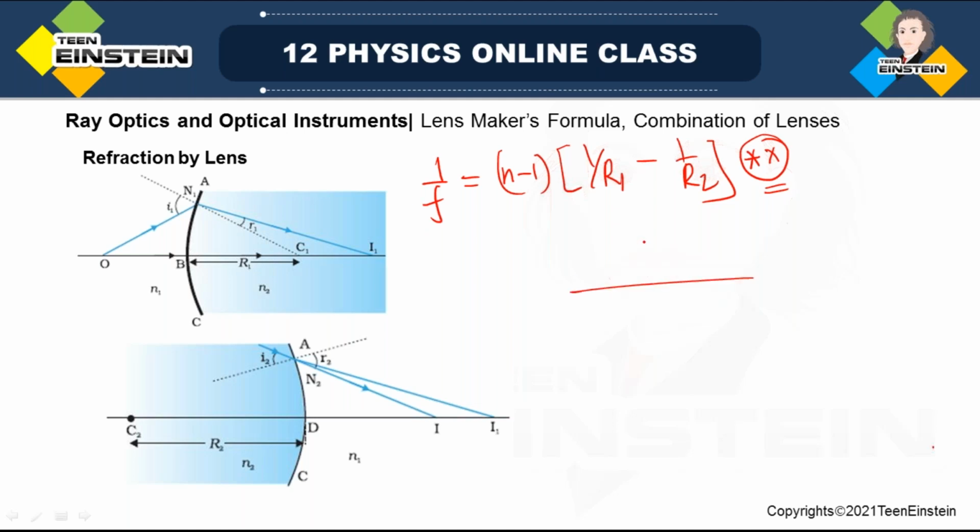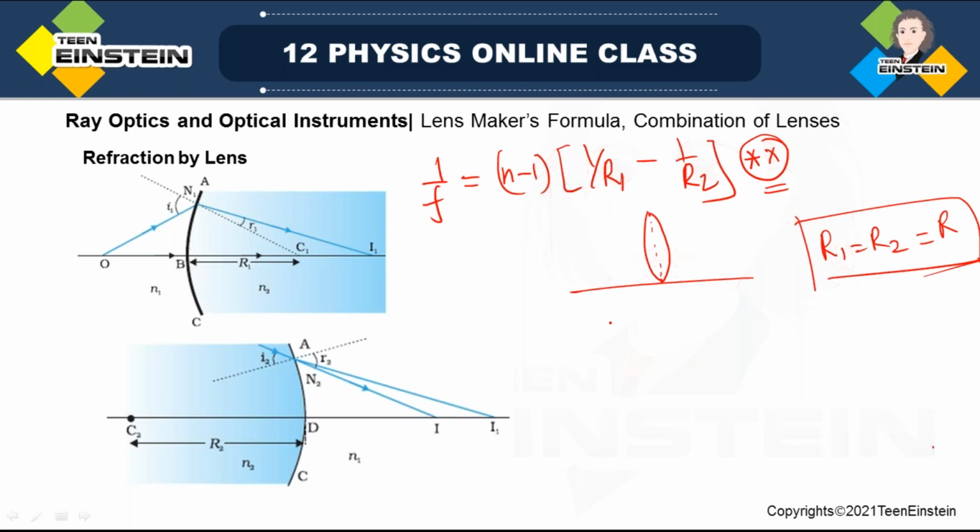You have one equiconvex lens over here. I defined in the previous class what an equiconvex lens is: two spherical surfaces having the same radius of curvature, so r1 is equal to r2 is equal to r.